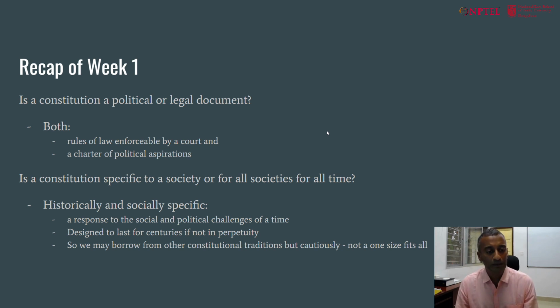We concluded that the Constitution is historically and socially specific. A successful Constitution must respond to the social and political challenges of the time.